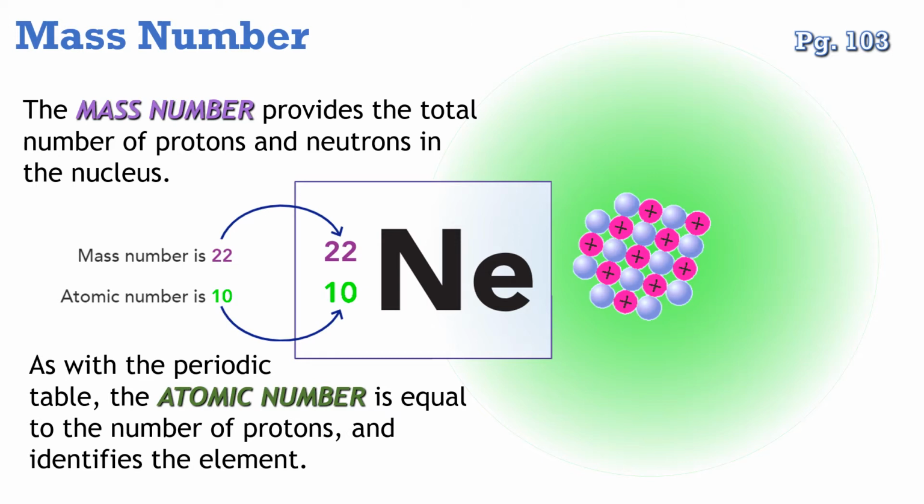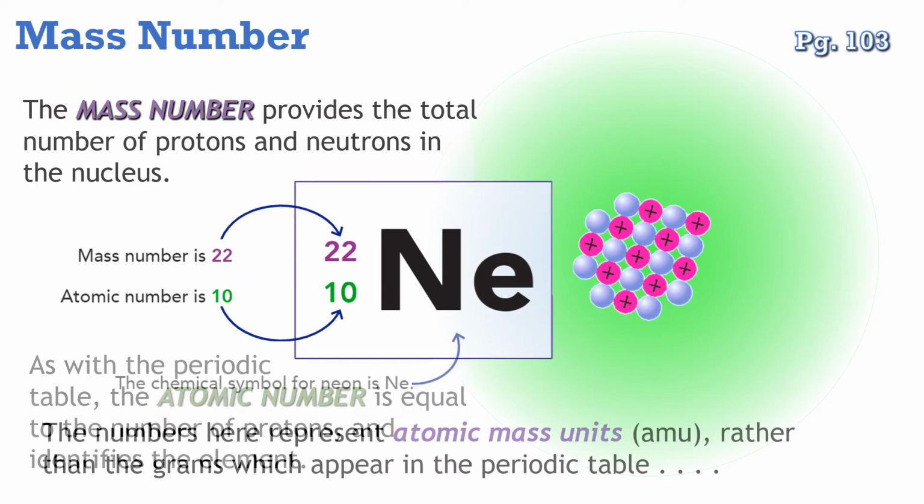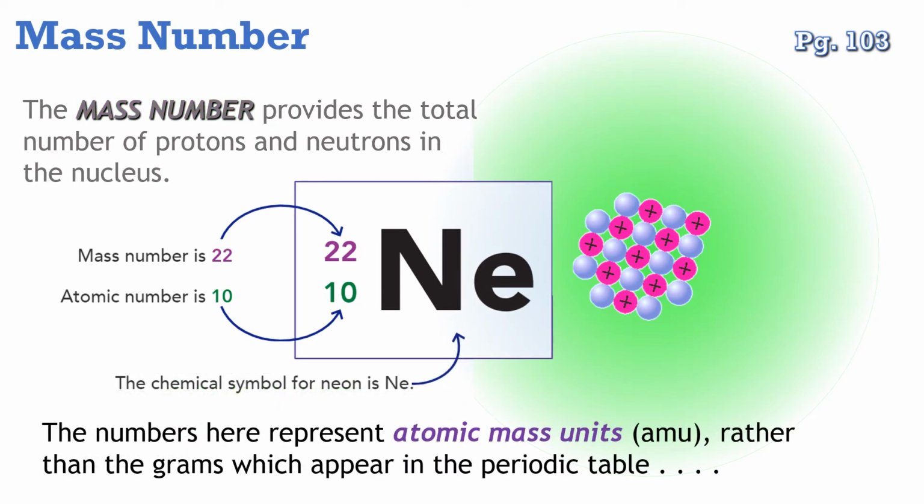Less obviously, if we take the mass number on top and we subtract the atomic number on the bottom, then the difference between those two numbers is the number of neutrons. So the numbers here ultimately represent atomic mass units.